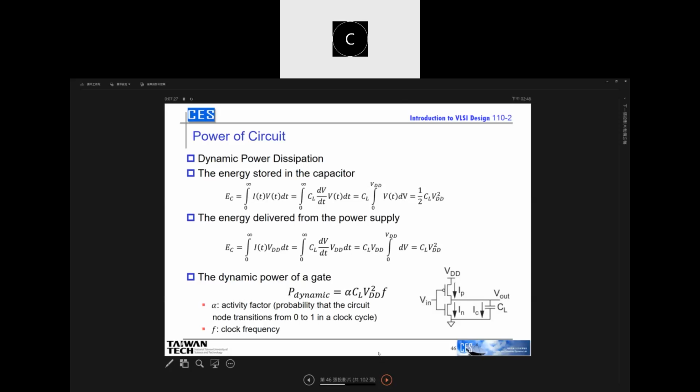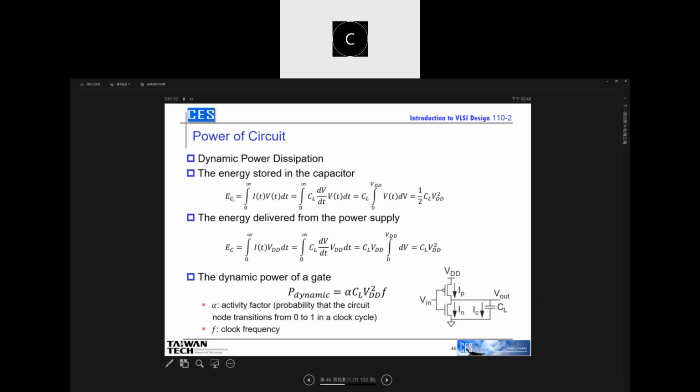Okay, so let's consider the power dissipation, especially dynamic power dissipation, which means the power that comes from the circuit switching, or when you really operate your circuit. So assume you have a capacitor, and the energy stored in the capacitor is formulated as follows.